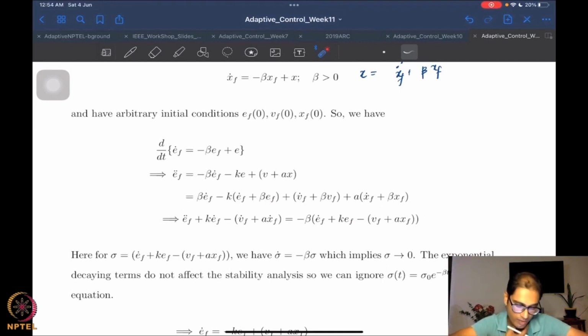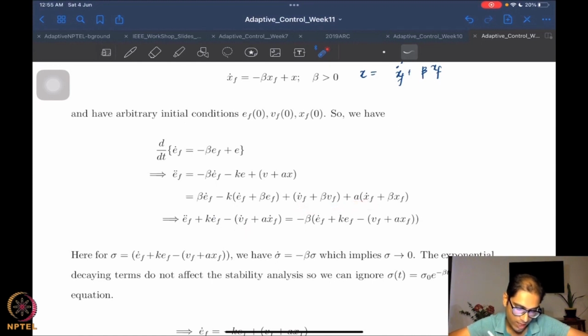Just checking if the signs are correct. Minus beta EF. I'm just checking if the signs are correct. Let's see. EF double dot plus KEF dot plus VF dot plus AXF dot.